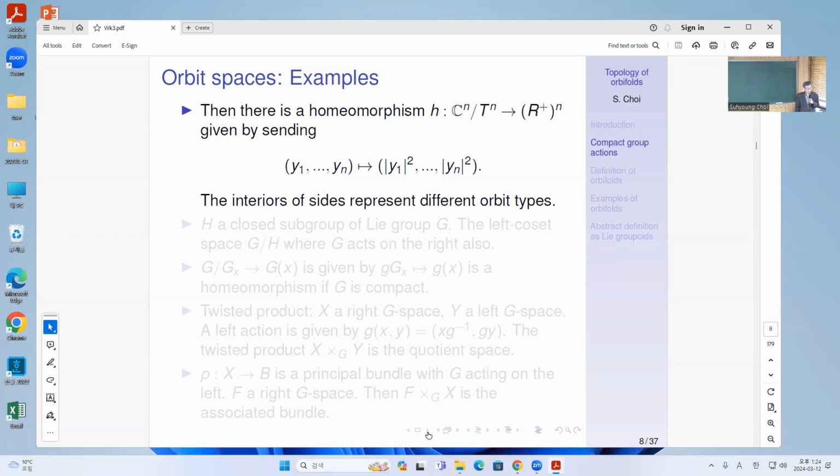Okay, so then there's a homeomorphism from C^n mod T^n to R_+^n. Here R_+ I'm denoting as the non-negative numbers, so non-negative numbers n times. You send (y1, ..., yn) to the norms of these. This orbit space, under the same homeomorphism, can be identified with this.